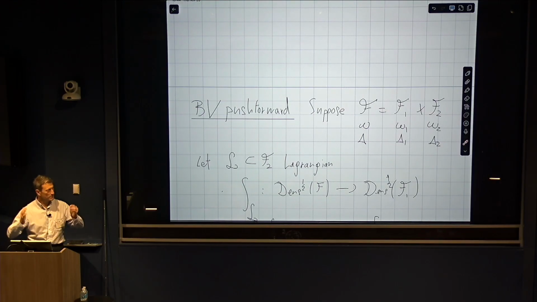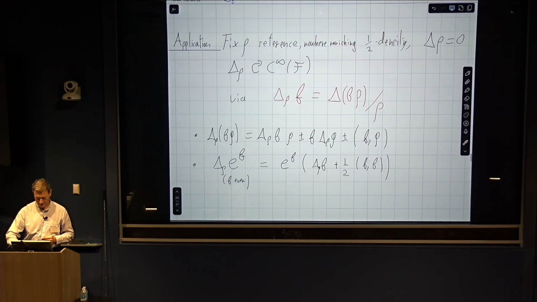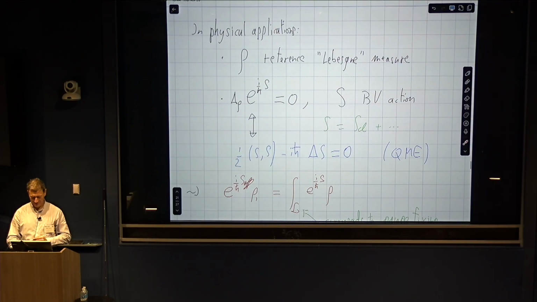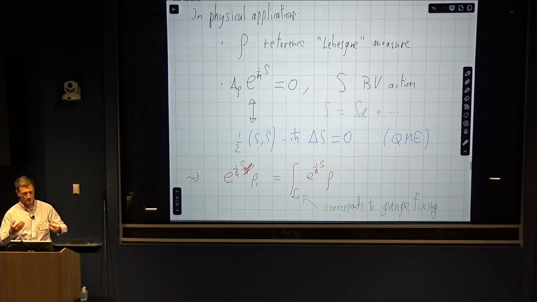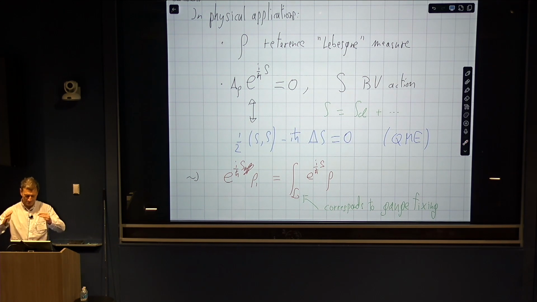So this is essentially Wilson's idea, but now promoted to the BV setting. And the theory of BV, extended to the infinite dimensional case, tells you that if you start from a solution of the quantum master equation, the effective action will also be a solution of the quantum master equation. So up to regularization and renormalization, everything is consistent.